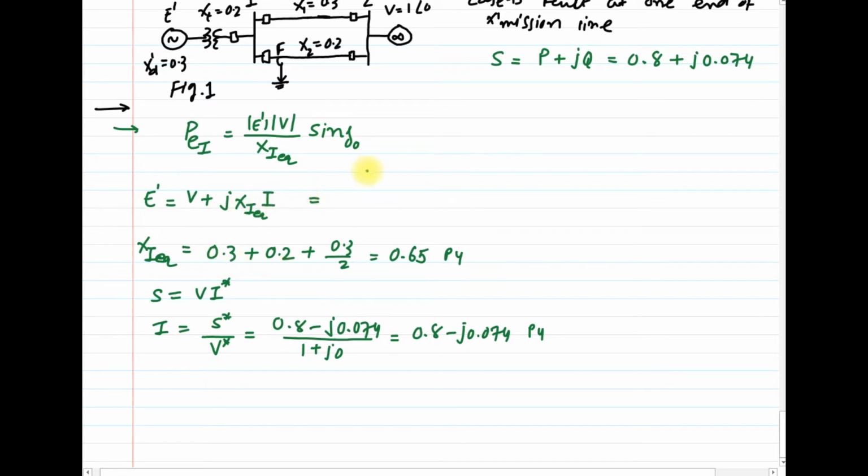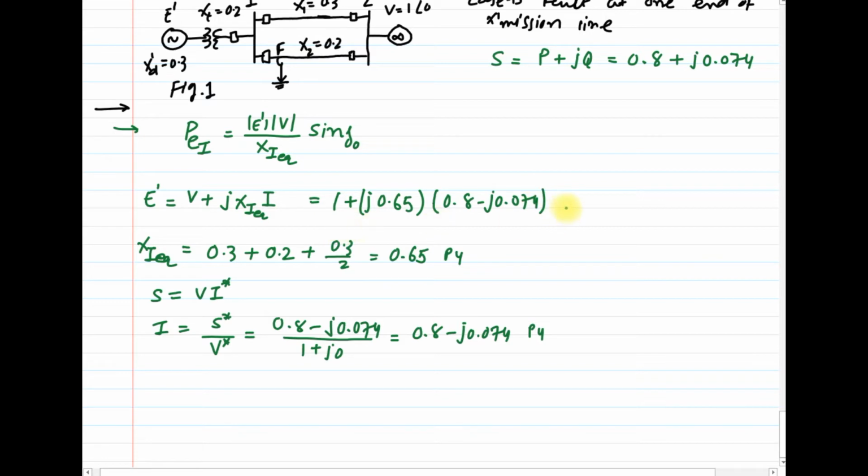Now just substitute the value of I in this equation, and you will get the value of the voltage. E dash is equal to V, which is 1 plus j0, plus j into X1 equivalent, or you can directly consider j0.65, into I, which is 0.8 minus j0.074.